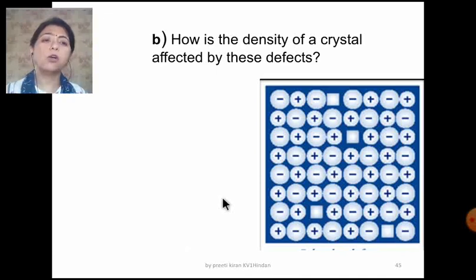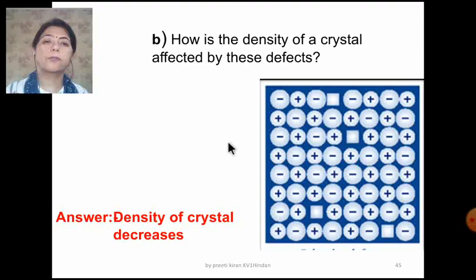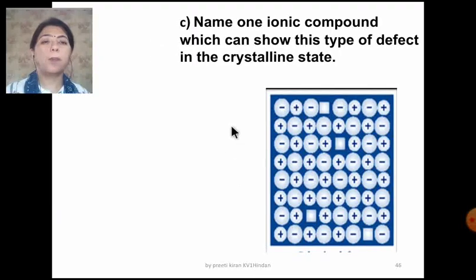Now part B on the same figure, how is the density of the crystal affected by these defects? Since the ions are missing, the volume is the same, the mass is less, so the density will decrease. Name one ionic compound which can show this type of defect in the crystalline state.